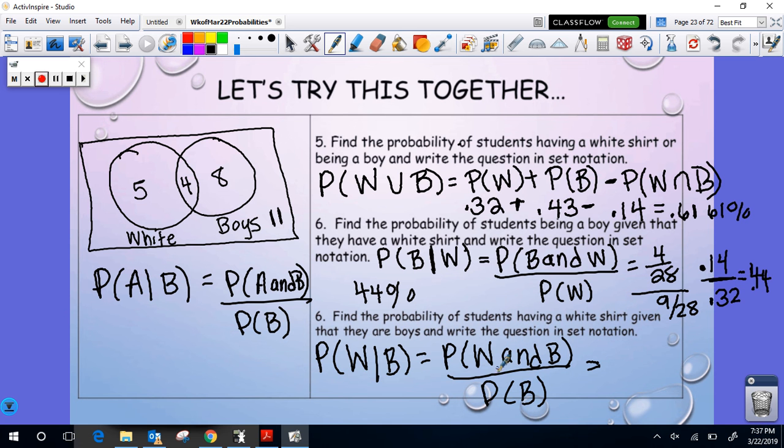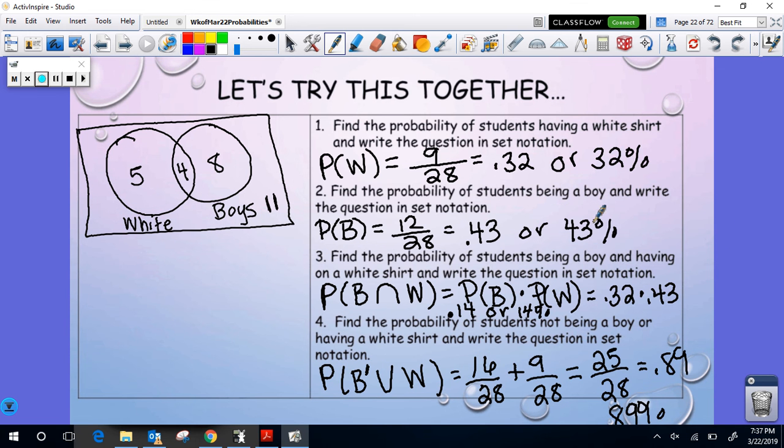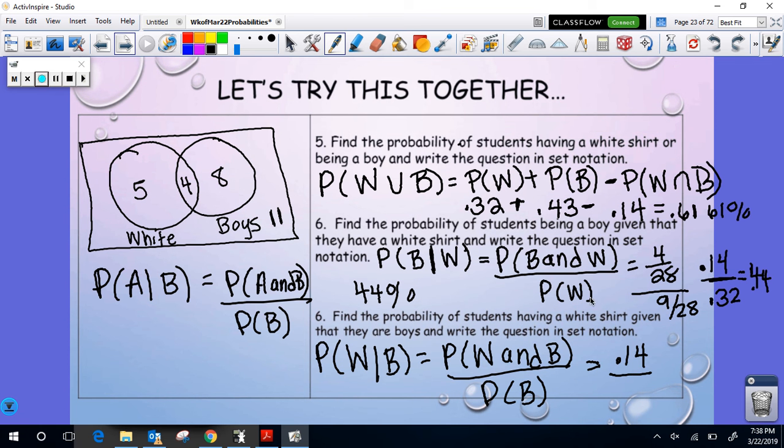So here we already know the probability of having on a white shirt and being a boy is 0.14 divided by the probability of being a boy. That one we already have on the other page. Let me go back and look. Probability of being a boy is 0.43. So I'm going to come over here, divide this by 0.43.